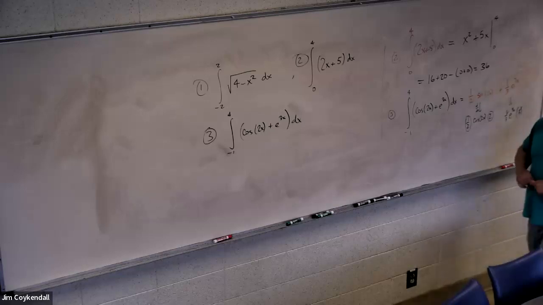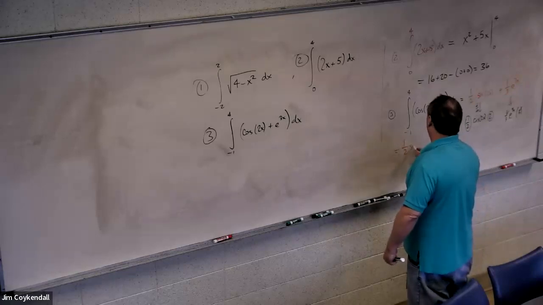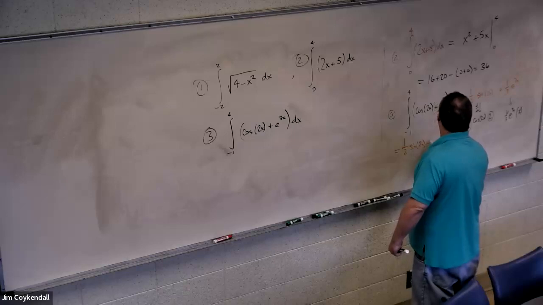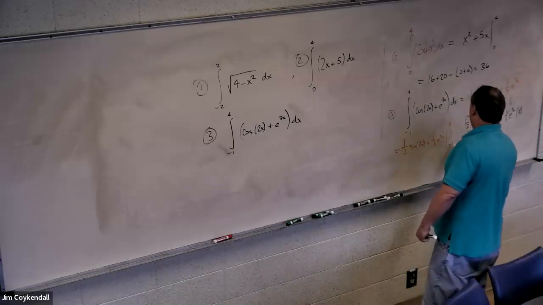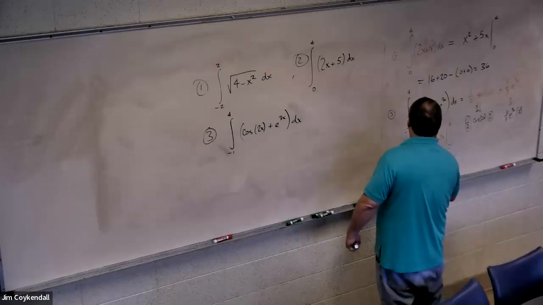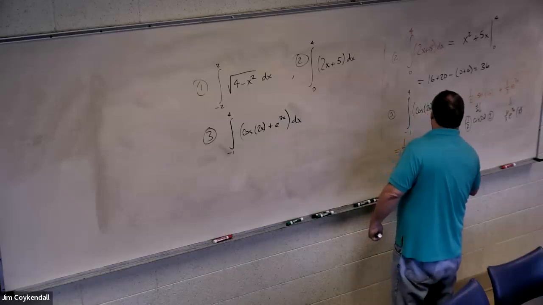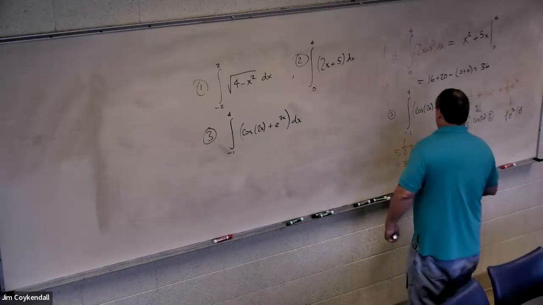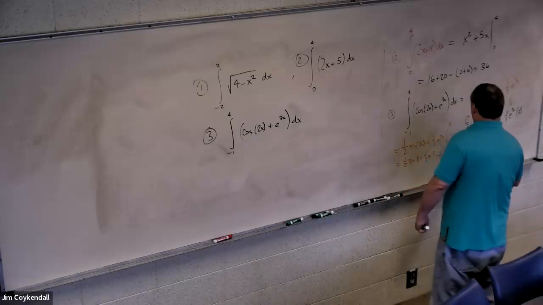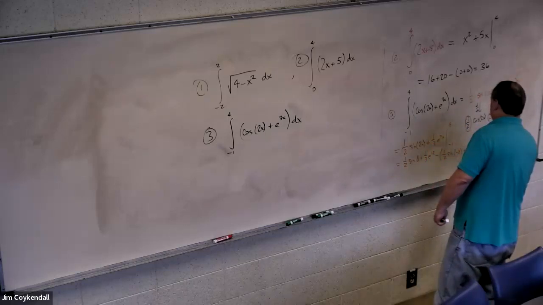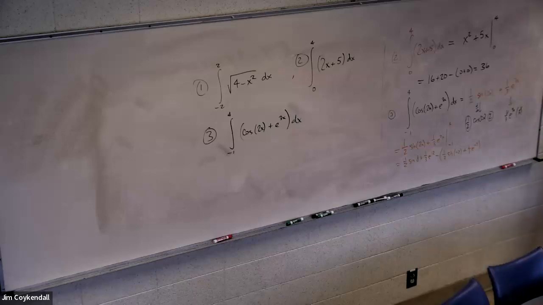And so now it's just the tedious matter of plugging it in, which is not a serious step, actually, in my opinion. So this is 1/2 sine 8 plus 1/3 e to the 12 minus 1/2 sine of minus 2 plus 1/3 e to the minus 3. Whatever that crazy number is, that's the answer.